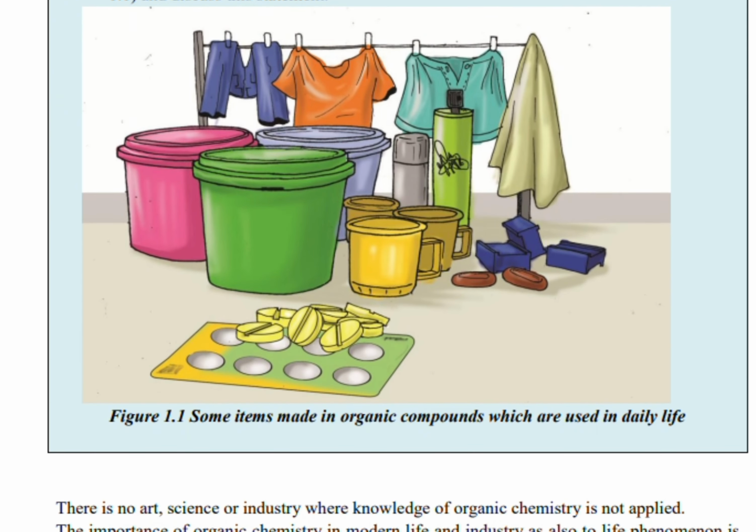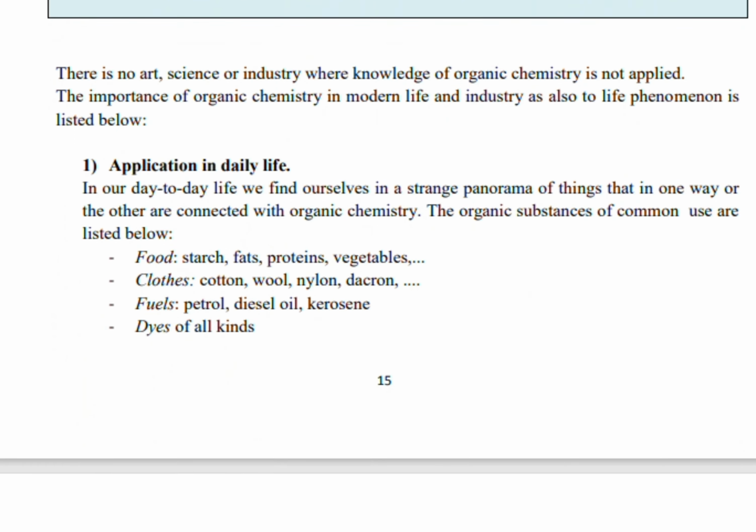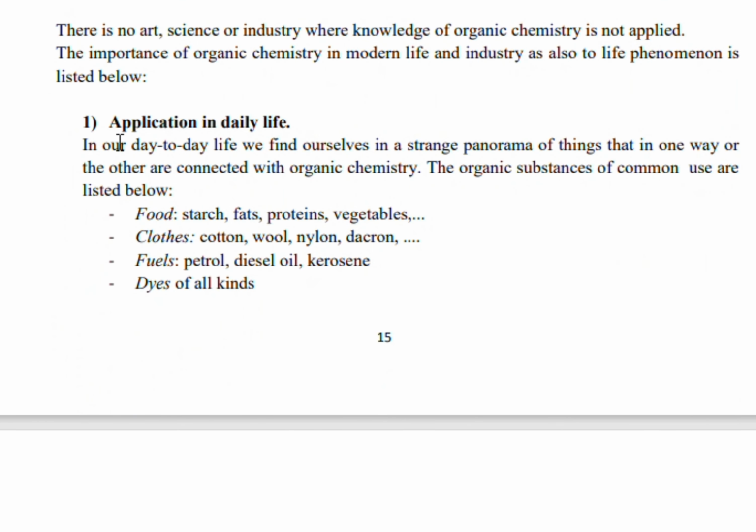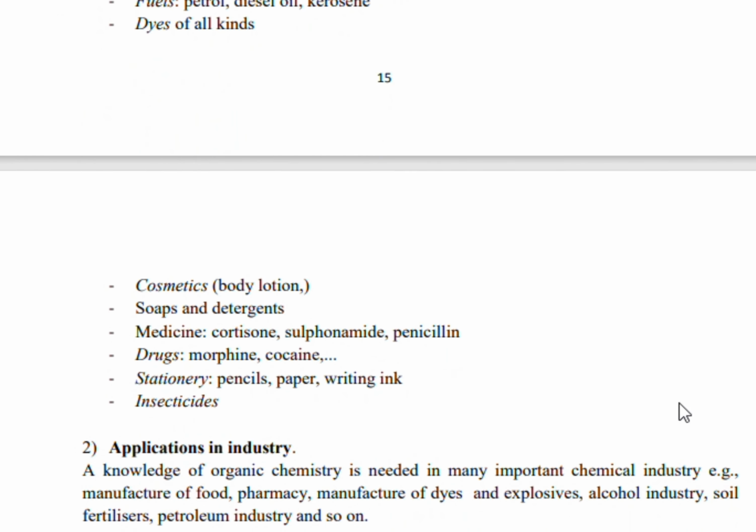In terms of importance, you have seen that there are different applications of organic chemistry. For example, in daily life, we have seen that our food, our clothes, fuels and dyes, cosmetics and soap, medicines, drugs, all these are made of organic chemistry.